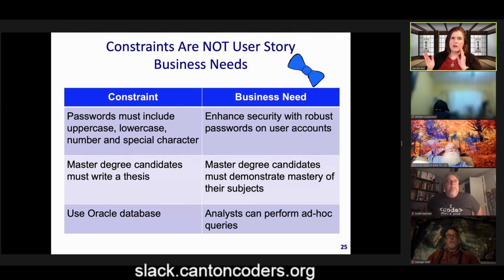Interesting. A constraint is that you have to use the Oracle database. The need might be that the analyst wants to be able to perform ad hoc queries, and there are several other database systems and tools that could do that.